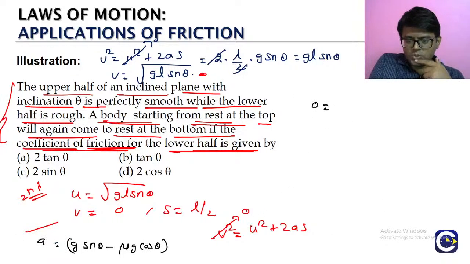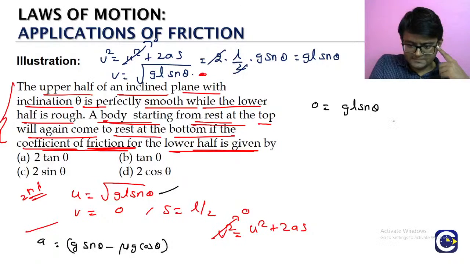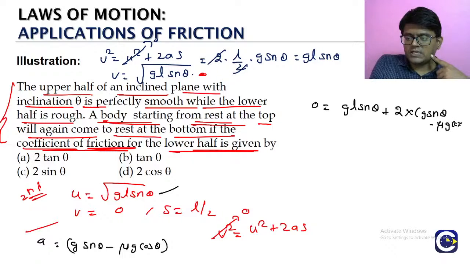So 0 is equal to U square. U square means we square root GL sin theta, so it becomes GL sin theta, plus 2 into A, which is g sin theta minus mu g cos theta, into S, which is L by 2.